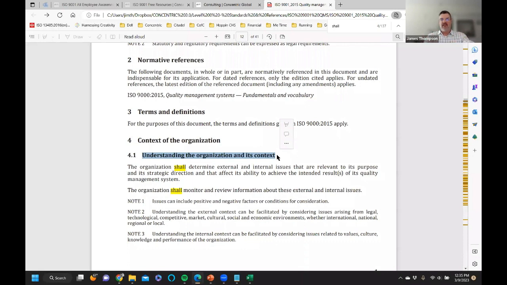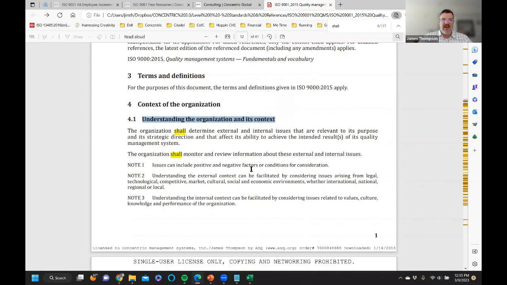So let's follow the flow of the standard, even though I like it better the other way.